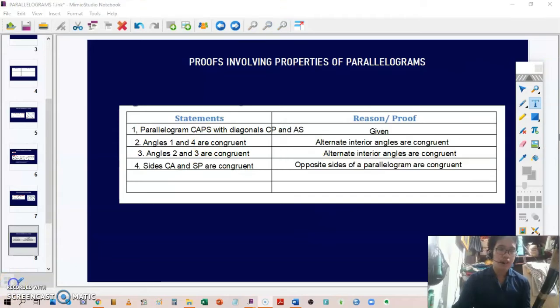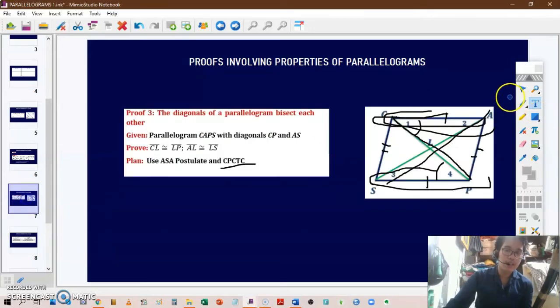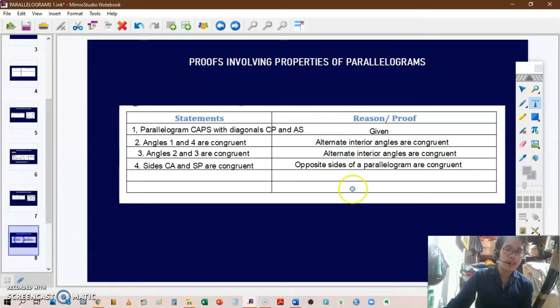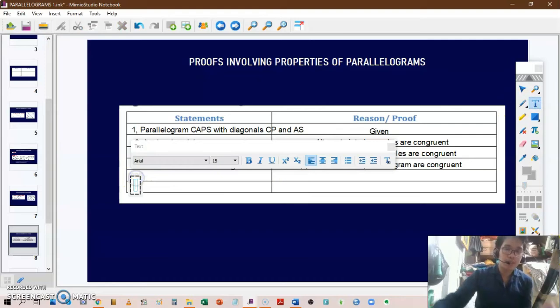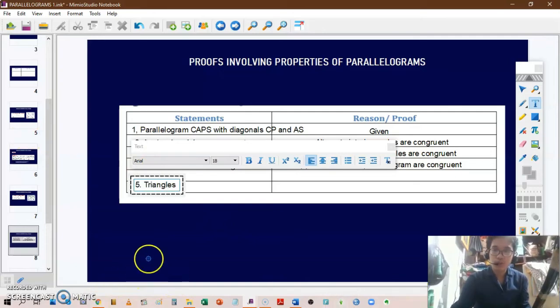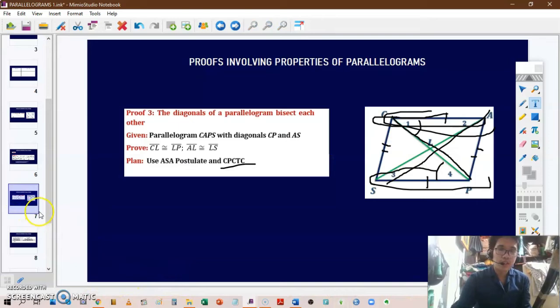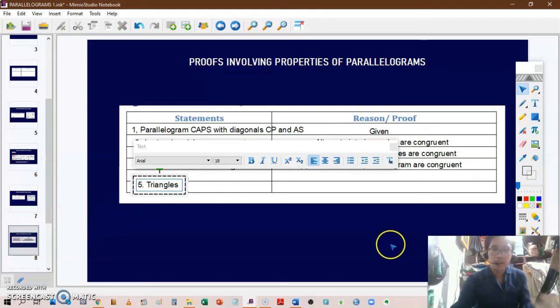And therefore, after establishing that the alternate interior angles are congruent, and the included sides between the two angles are congruent, we can write on the fifth statement that triangles CLA and SLP are congruent.